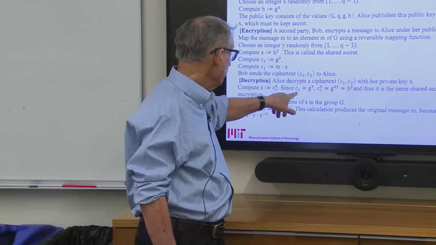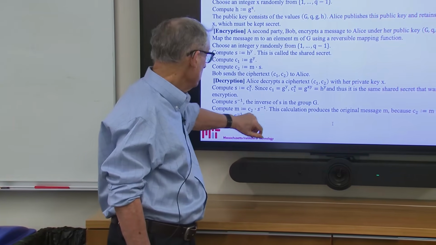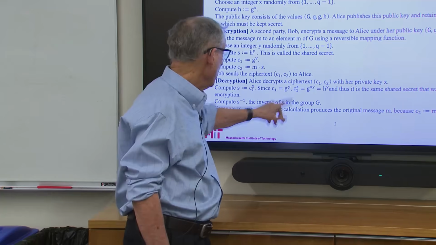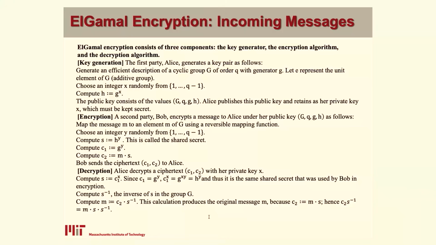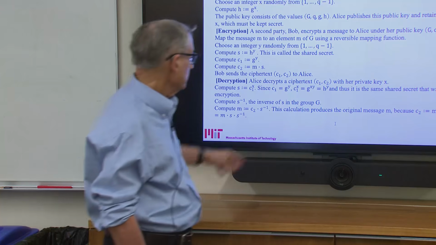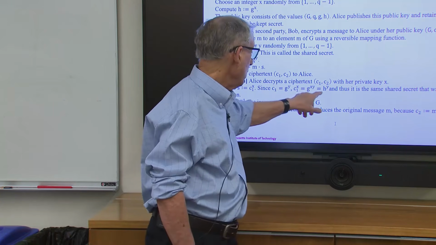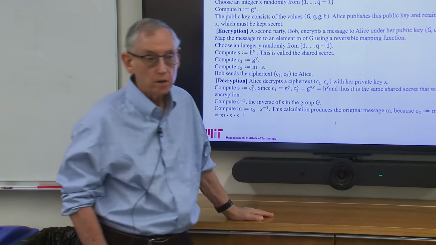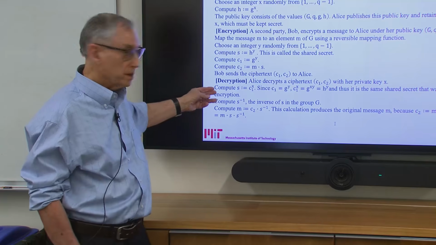She has the ciphertext from Bob, which is G to the Y. So C1 to the X is G to the power Y times X, and I'll come back to this in a minute. But H here was G to the X. So this G to the XY is H to the Y. Now, a little bit of a comment here.